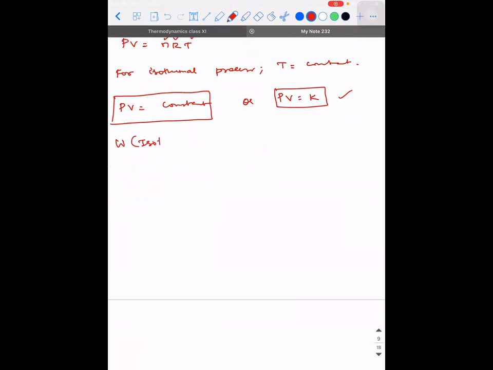Yes, sir. So work done in isothermal process, can I write it as integral of PdV from V initial to V final? Right? How did I know that here the pressure is variable and not a constant?